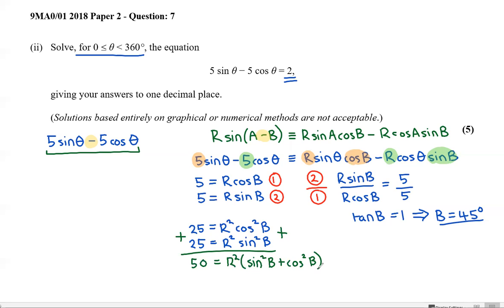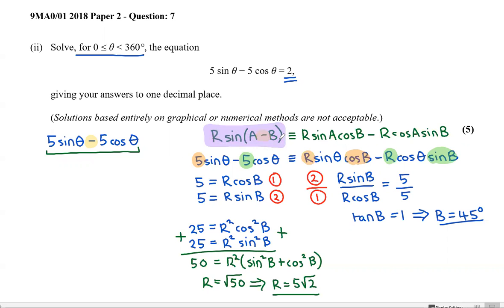In other words, if r is root 50, we can simplify that a little bit. So that implies that r is going to be 5 root 2. So what does that get us? Well, it means that because we've found what b and r are, we can replace the r and the b in this part of the identity with what we've just discovered.